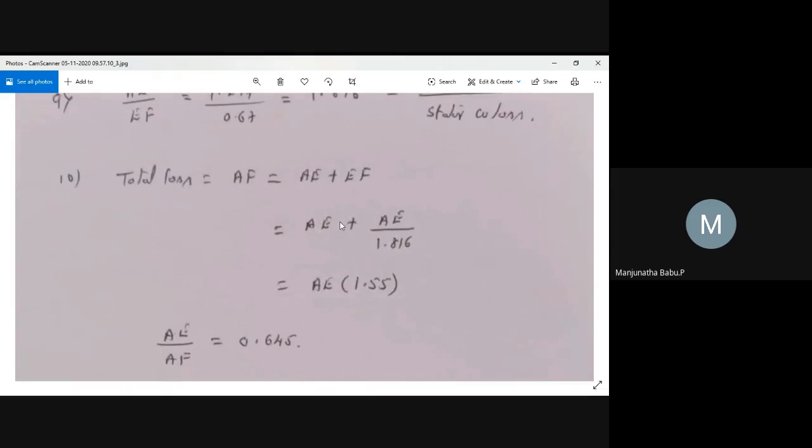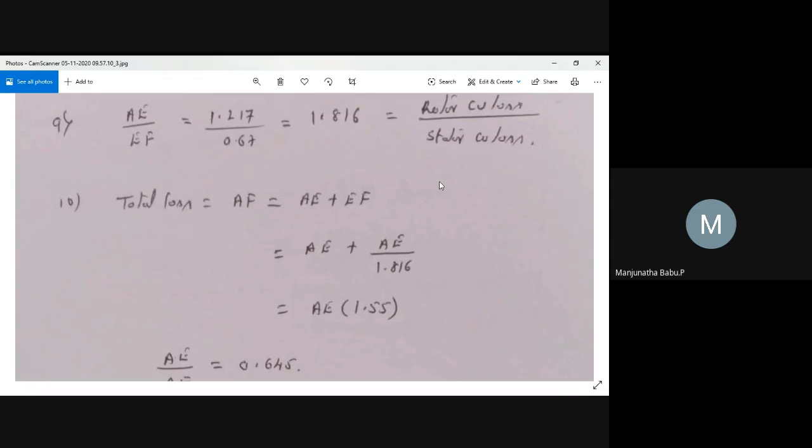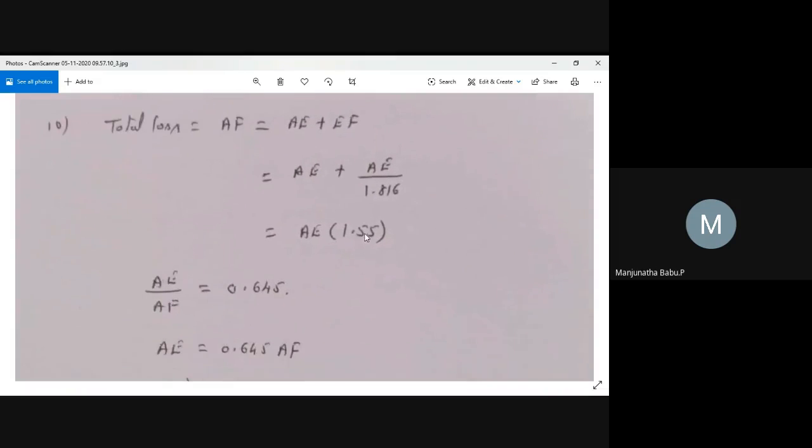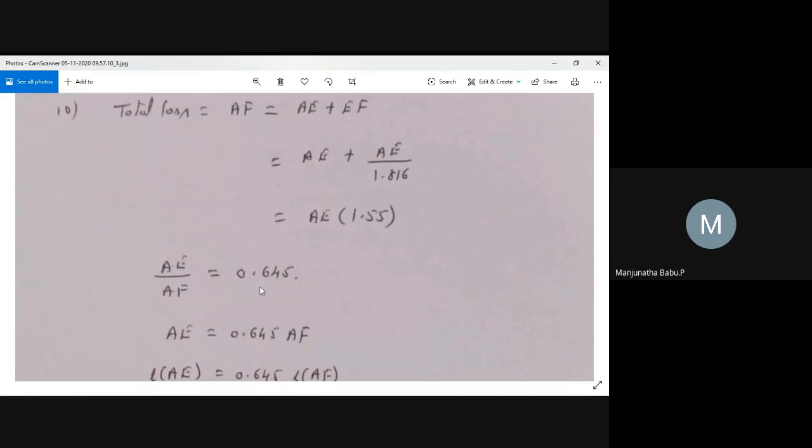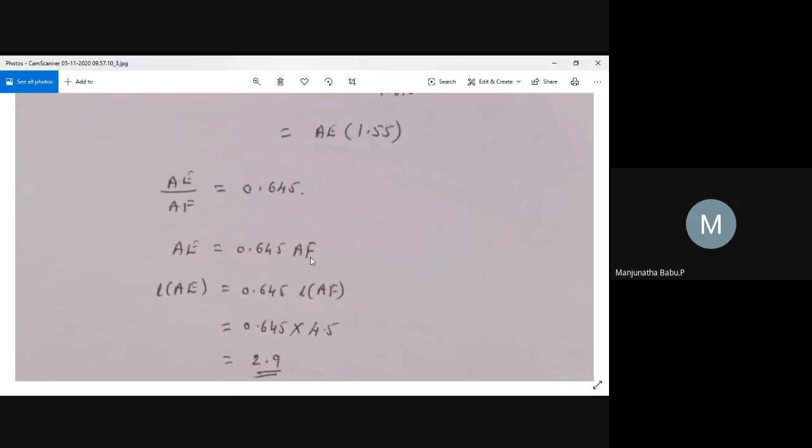So EF is equal to AE divided by this value. AE will be common, so you will be getting the value as 1.55. So now with respect to this, AE by AF will be equal to 0.645. So AE is equal to 0.645 into AF.